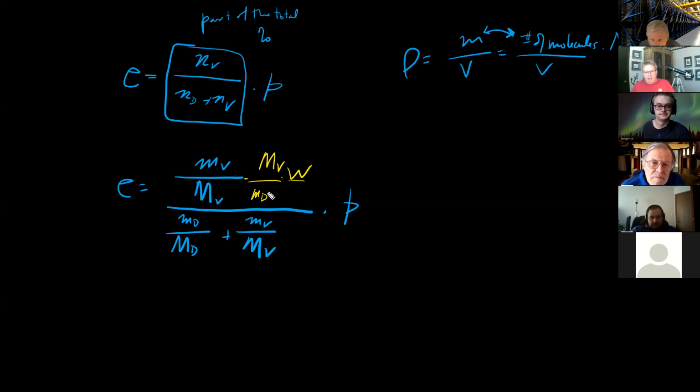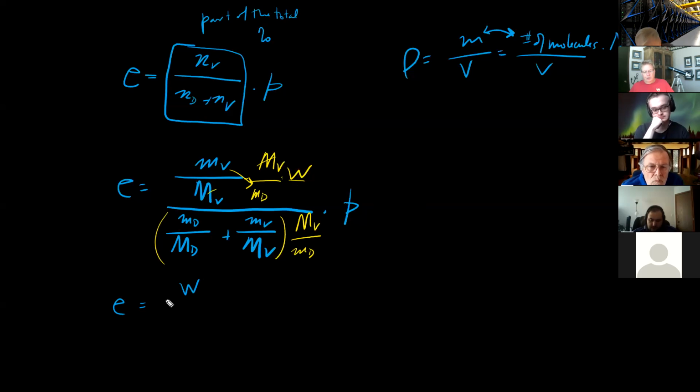If I put this in the numerator, I also have to put this in the denominator. So in the numerator, these cancel out and I'm left with W. So then I've got E equals W in the numerator. And now put this in the denominator. What happens to this term?